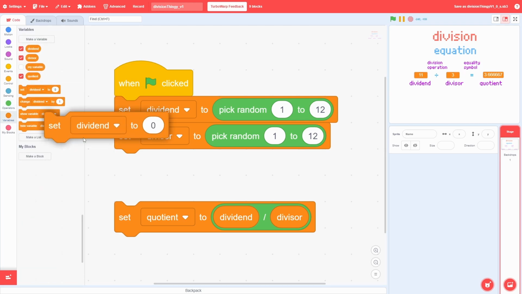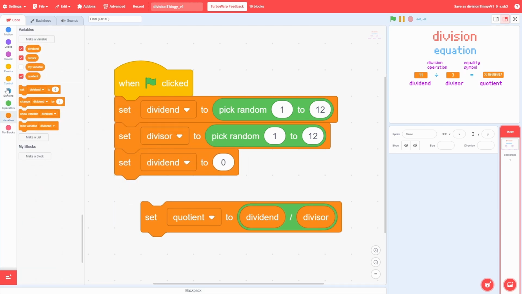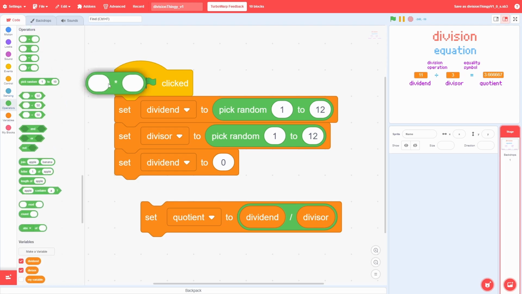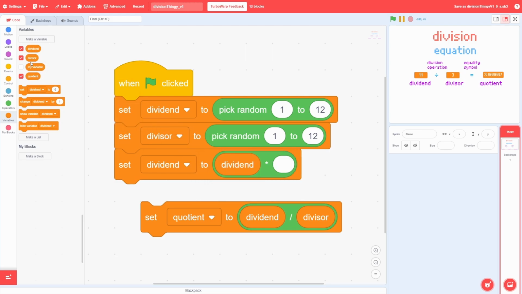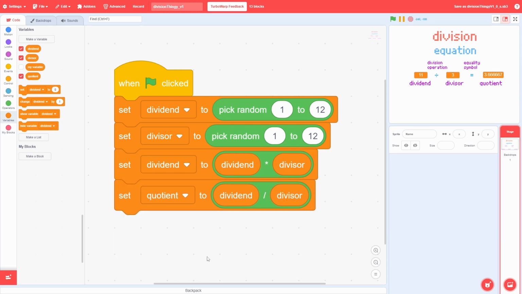So we go to our variables, we're setting the dividend, and we are going to multiply the dividend by the divisor, and that will generate a dividend that is big enough and safe enough for the quotient to be calculated. Let's give it a shot now.